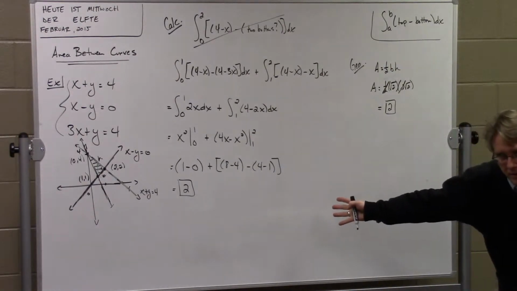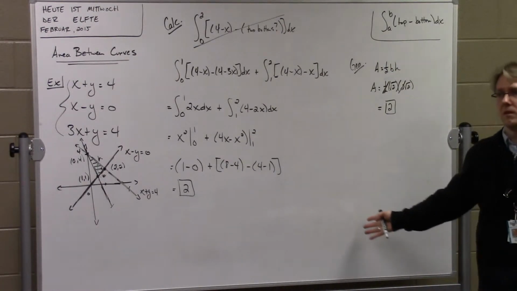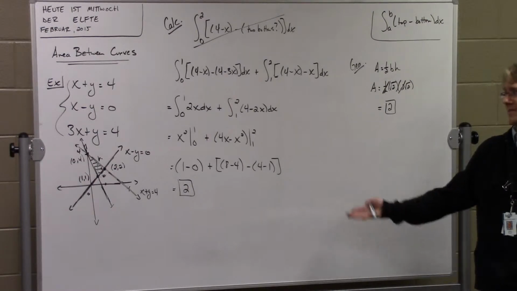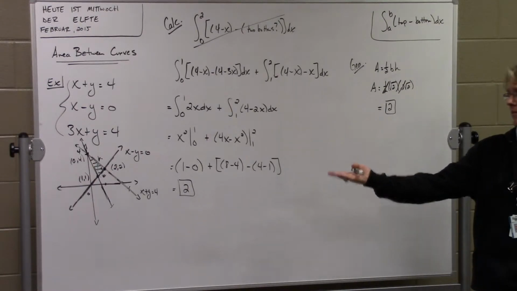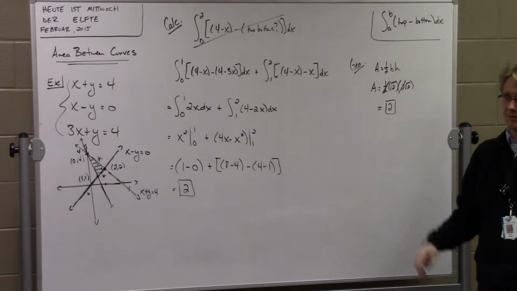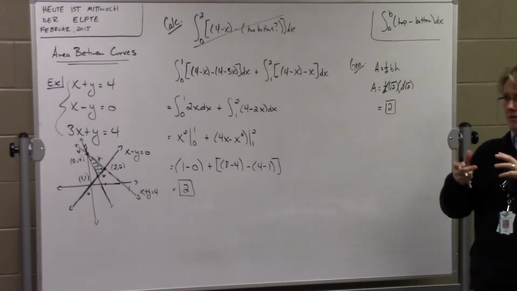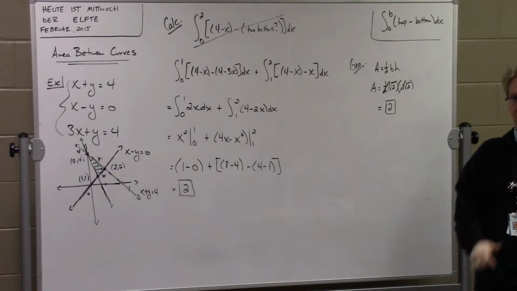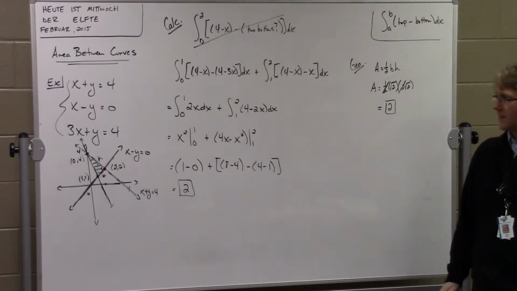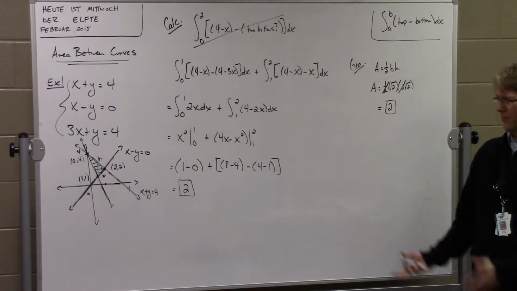Okay, ready for the new stuff? No, that wasn't new. You could have done that. Well, we had to break it up into 2 zones. But we did one like that yesterday. No, we didn't. We did one where it crossed over, with a different top and a different bottom. Yeah, we did. We never talked about a third equation.